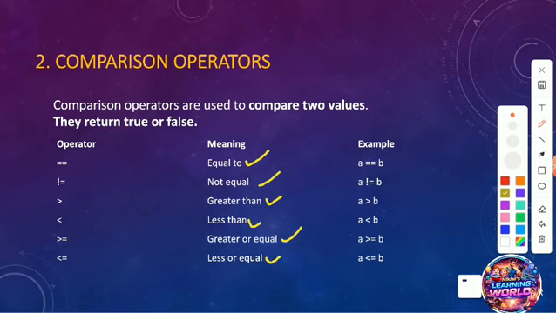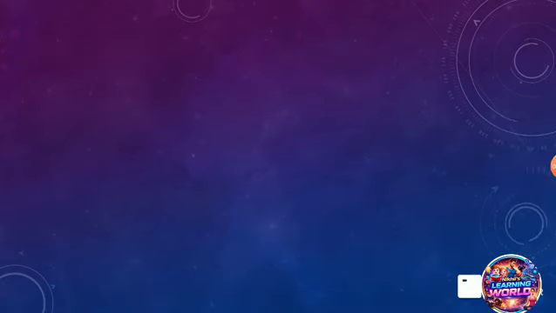These are the comparison operators. We can compare those values and get the result in the form of Boolean values. This is the chart where the comparison operators are equal to, not equal to, greater than, less than, greater than or equal to and less than or equal to.